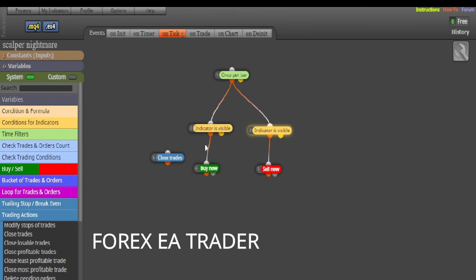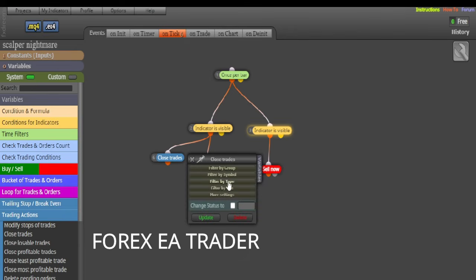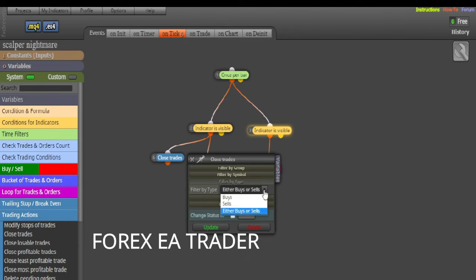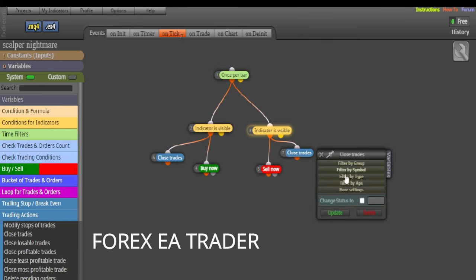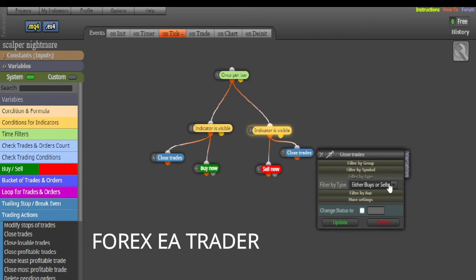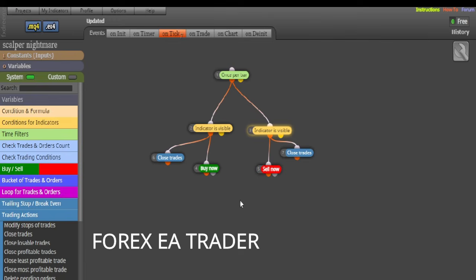Before we actually open a buy, we double click in there. You want to close any sales. Update. We do that again. Before we open a sale, we first of all close any buy trades. Okay, and we update.